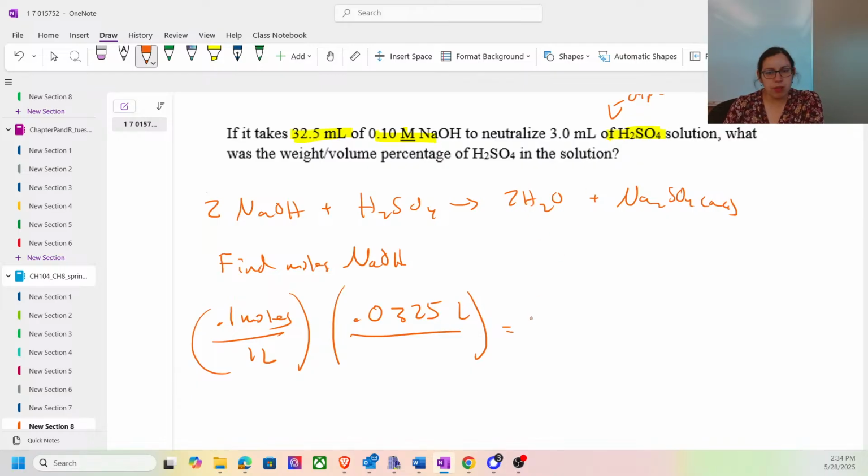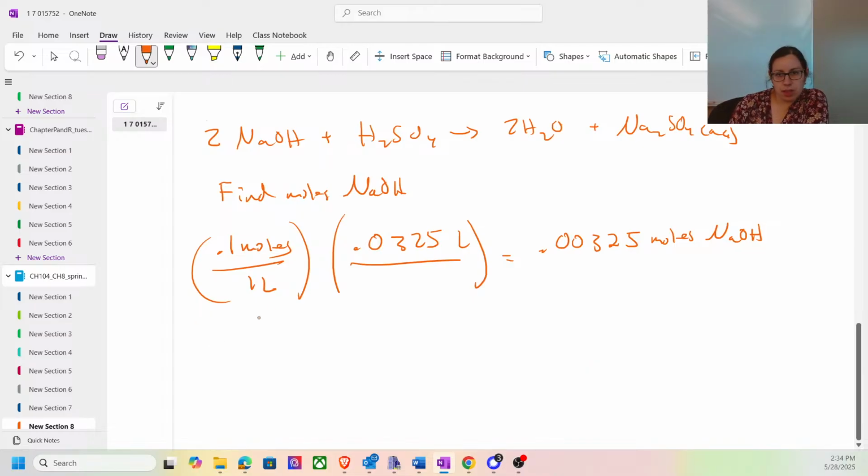We can do mental math, so 0.00325 moles of NaOH. And then, like I said, the only difference is this is a 2-to-1 ratio. So when you're doing it for your lab, it'll be 1-to-1. Post lab's 2:1, so I will set up our ratio so we can see that.